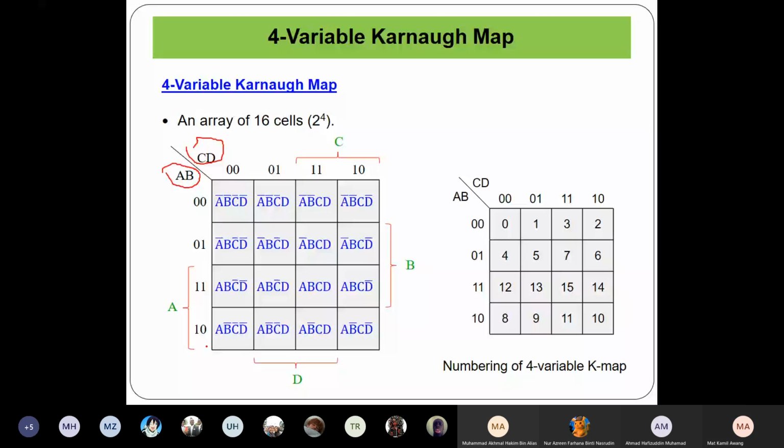So this corner is actually connected to this corner, and this corner connected to this corner. It's like a sphere. So these 4 corners are actually connected to each other. From here to here, only one variable changes. From here to here is only one variable change.